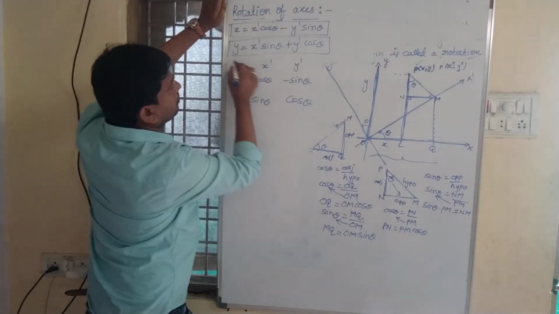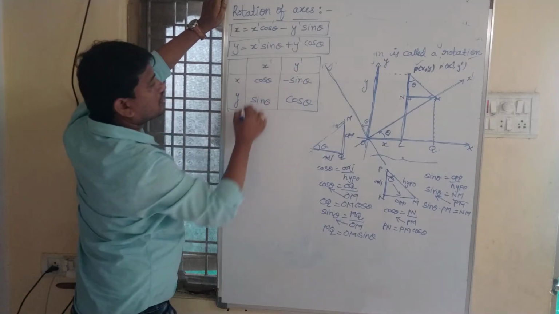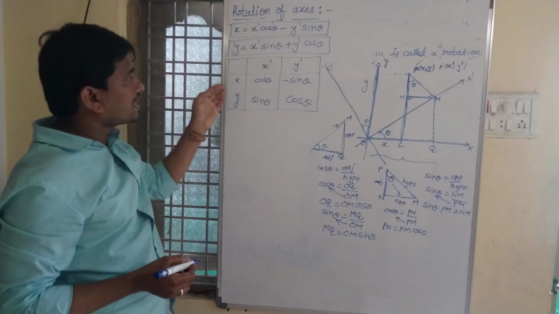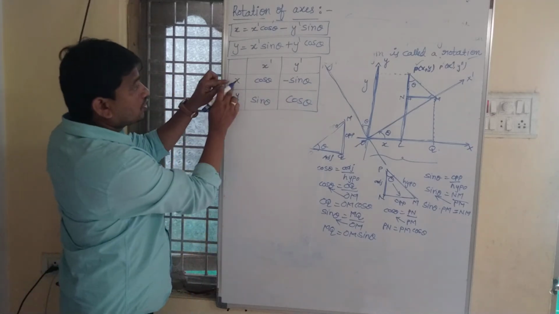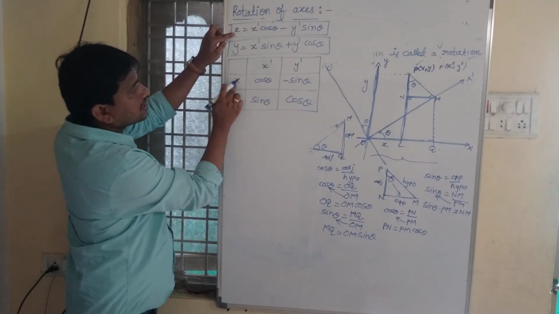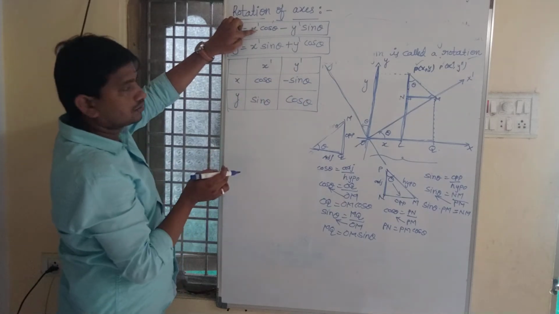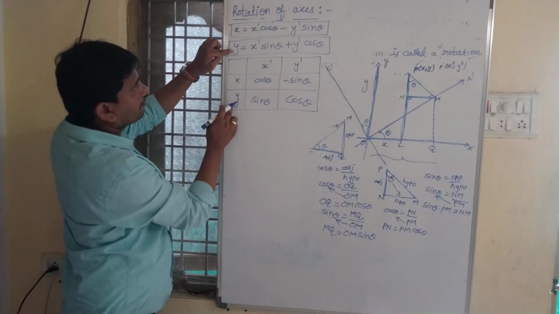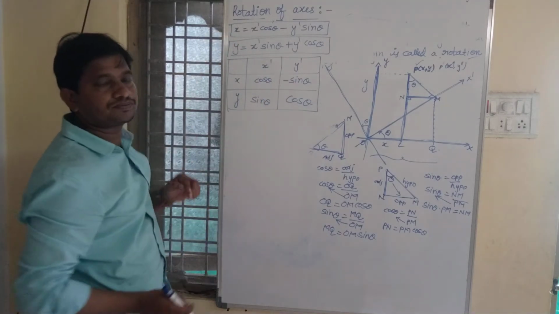This table will be helpful for finding both the original axis and the new axis. See, children, listen carefully. To find x, it is x dash cos theta minus y dash sin theta. For finding y, it is x dash sin theta plus y dash cos theta.